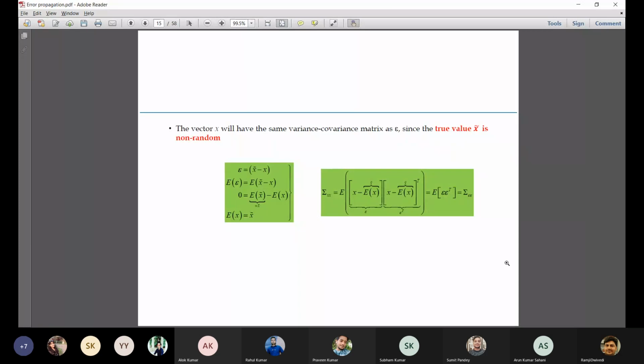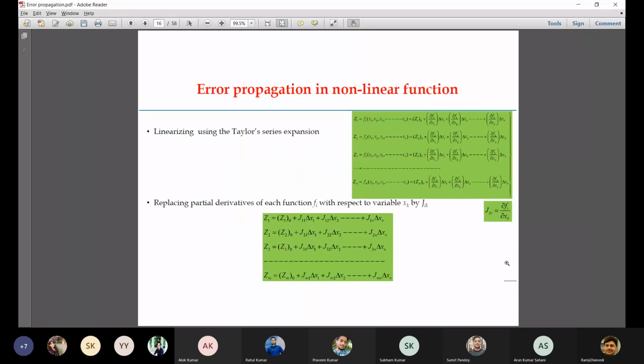Anyways, the error propagation in non-linear function. Obviously, for the non-linear function, you need to understand that whether it is a linear function or non-linear function, your approach should be the same. If your approach is the same, you do not have to remember two things at a time.